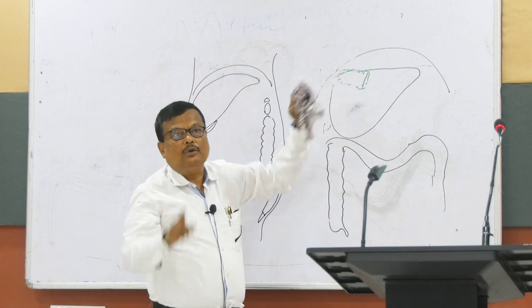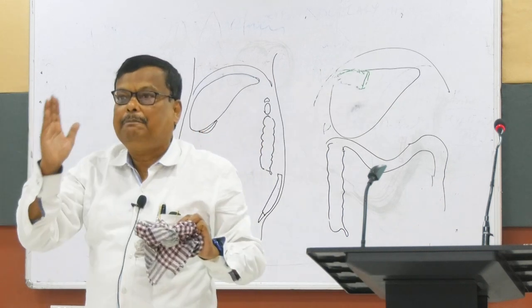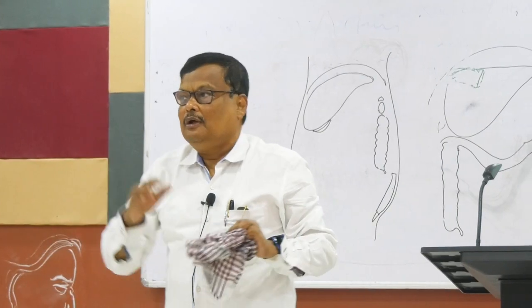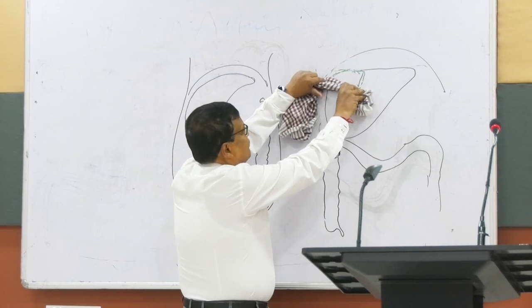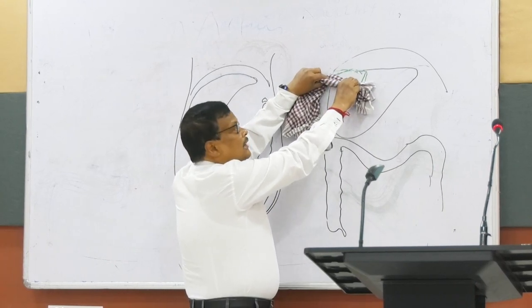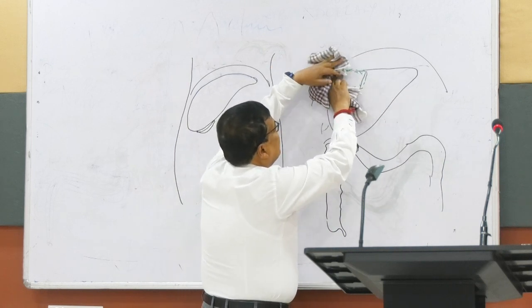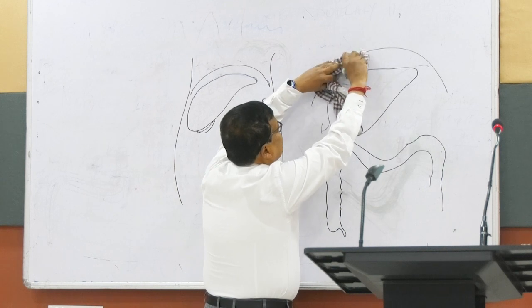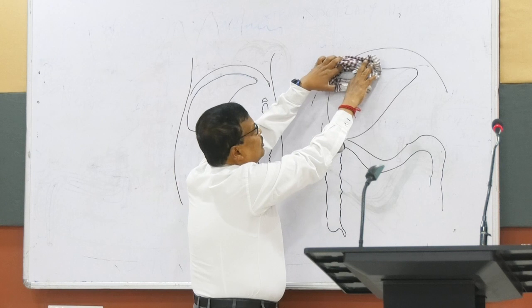This is known as the bare area of the liver. A single layer of peritoneum is reflected onto the diaphragm, and we call it the superior layer of the coronary ligament. On the posterior surface, another layer is reflected onto the diaphragm, and we call it the inferior layer of the coronary ligament.